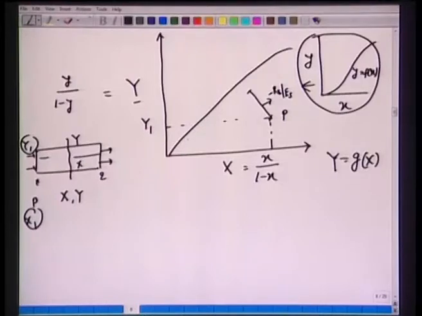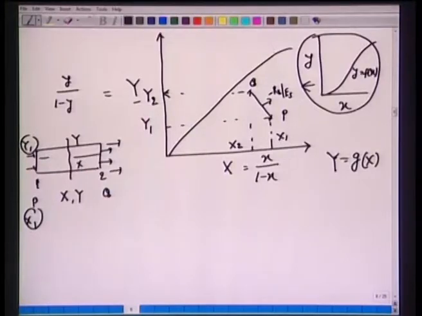So the concentrations of both streams change along this direction from 1 to 2. So we have P going all the way till Q at the end. Here also we have two coordinates. This is x1, and this is now x2. To start with this was y1, and now we have this concentration given as capital Y.